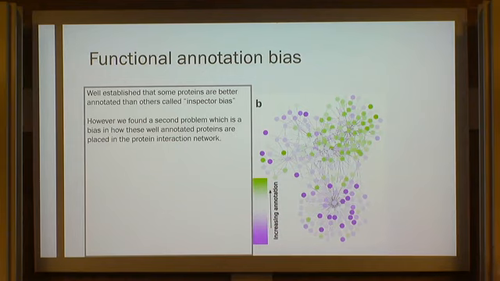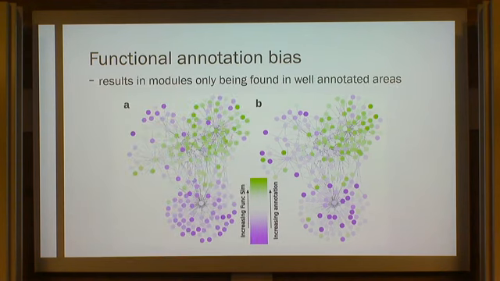Now, fairly obviously, if that's the kind of pattern I have across the network, what happens is that I'm far more likely to have functionally similar proteins in places where I have lots of annotation. So if I then compare that to the median of the network, the only places I'm likely to find communities are where I knew they would be in the first place. It's kind of impossible to find new communities.